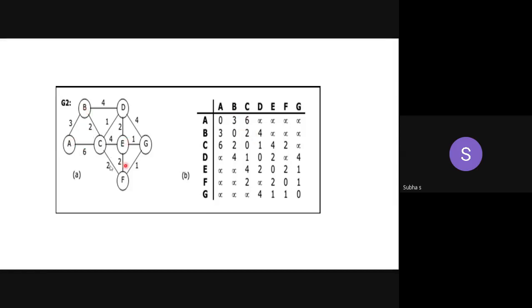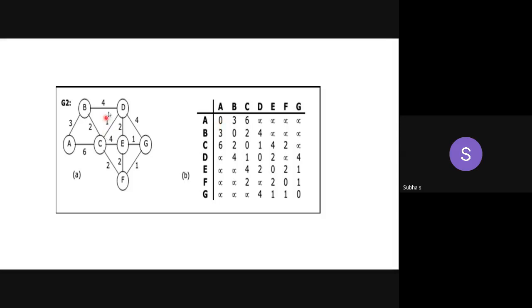There are no other edges from A. You have to check from A only. We can reach D through B, but there is no edge from A to D, so make it infinity. It's not 0, it's infinity. 0 is only for self loops. If there is absence of a self loop, put 0. If there is no edge to any other vertex, put infinity. This condition is applicable for a weighted graph.